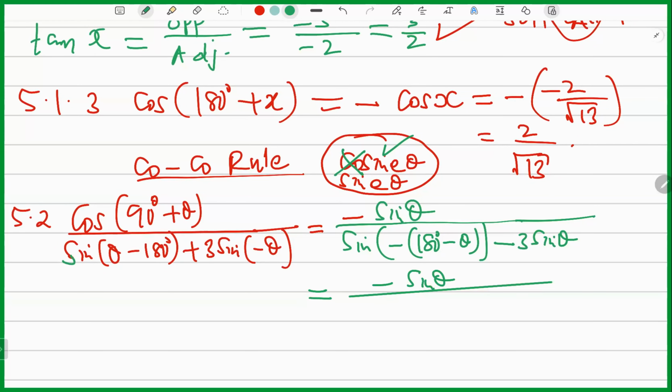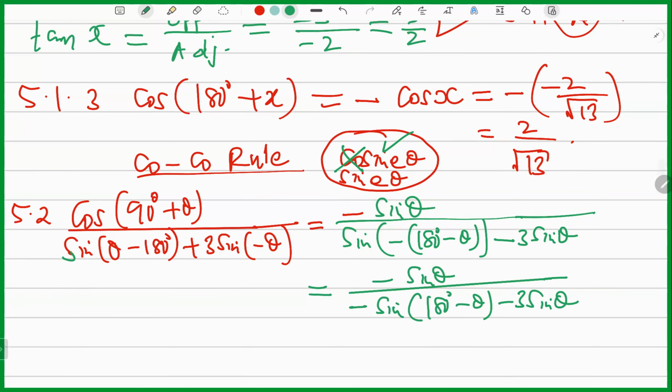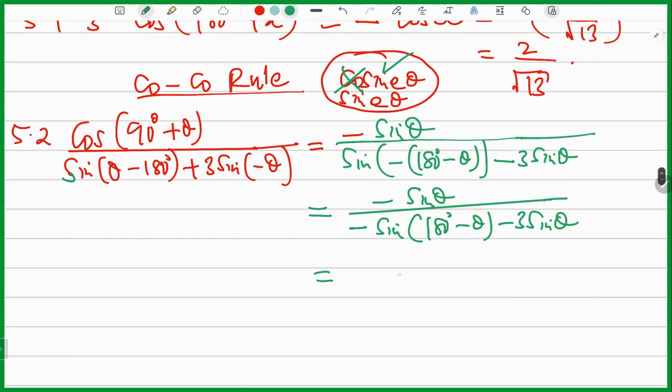Okay, look at this. Now, if we have a negative like this, the negative means that we're in the fourth quadrant and the sine is negative. So it becomes negative the sine of 180 degrees minus theta, minus 3 the sine of theta. Okay, what is all this? Which is minus the sine of theta divided by.